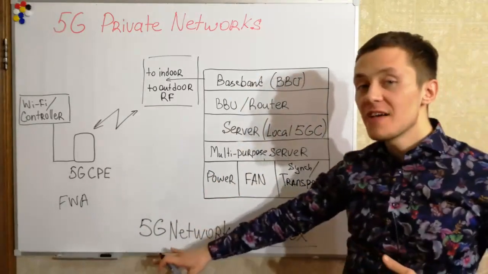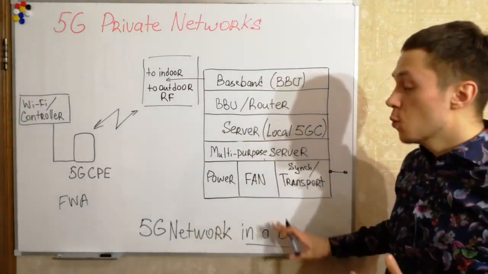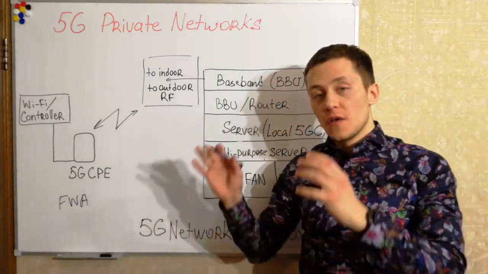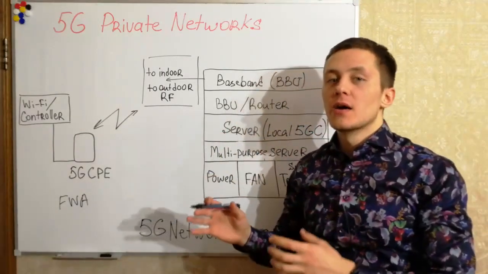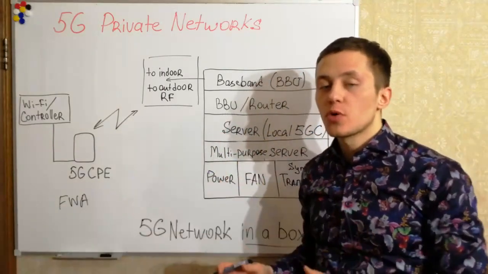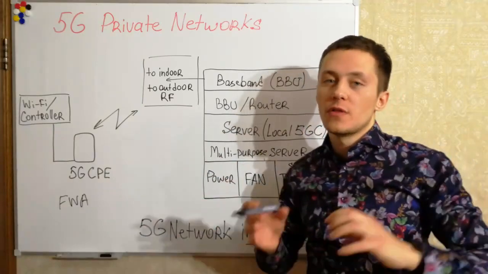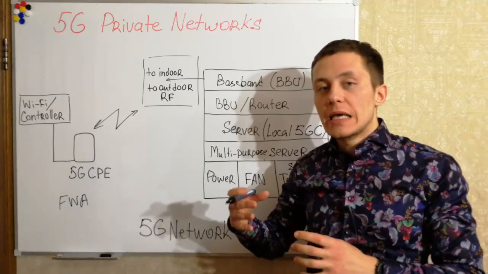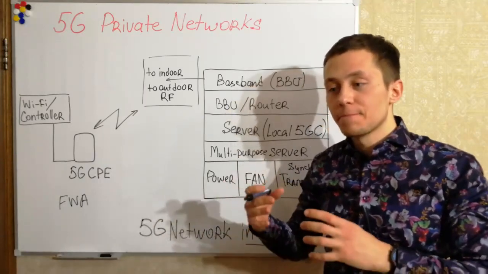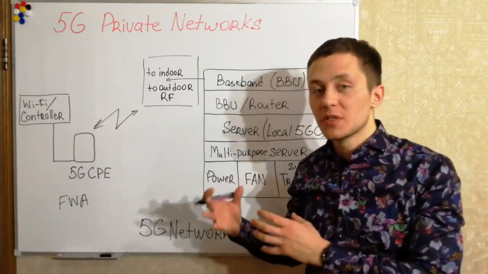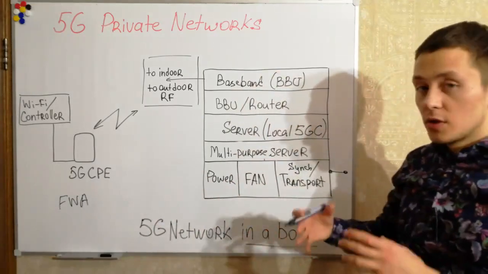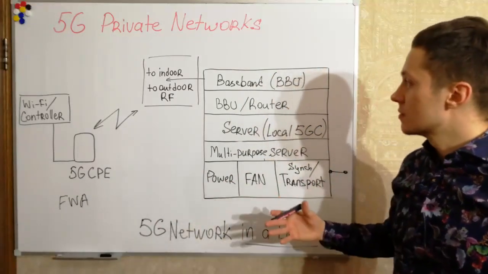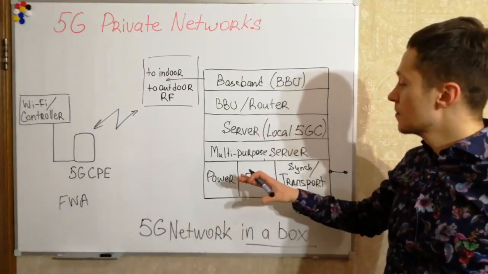Okay, let's look at this example. Here we can see 5G network in a box. What does it mean? It means that the full dedicated 5G network with core part and radio access part we can localize and deploy on enterprise premises on common equipment, I mean, not specific equipment.